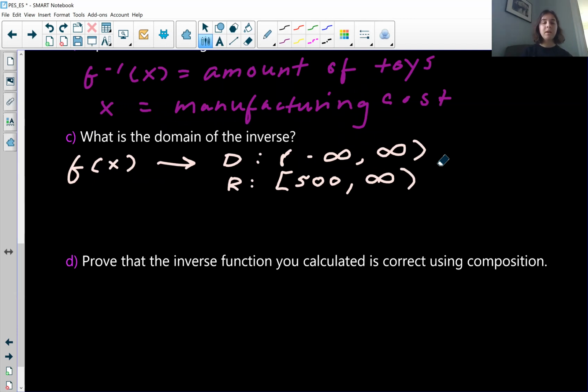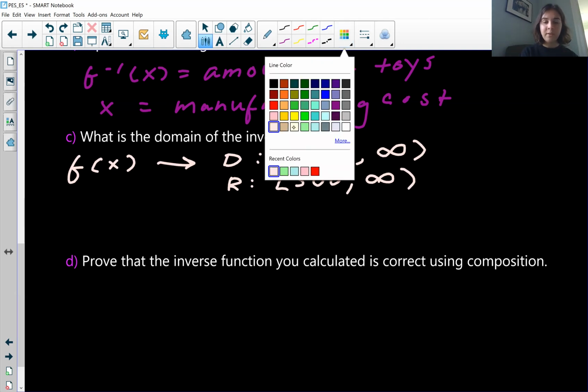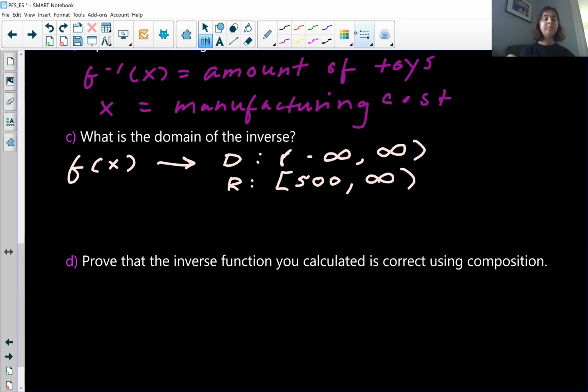Cool. All right. Next thing that I like to do is find the domain and range of the inverse. And then you want to see how these compare, because if they're not exact opposites of each other, then you need to do some restricting somewhere.